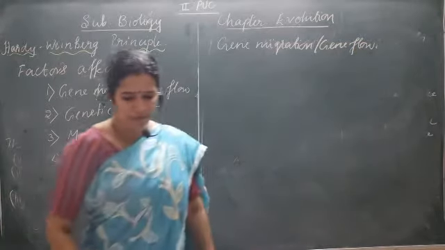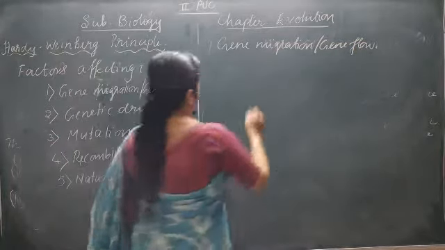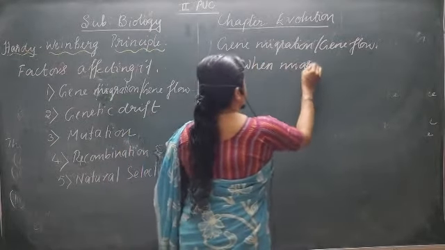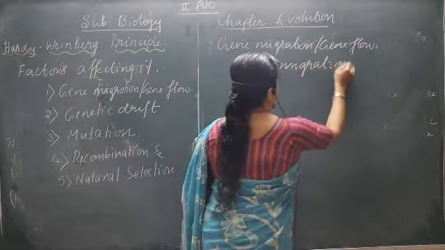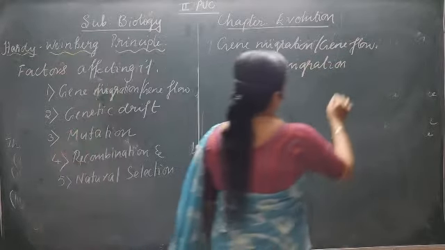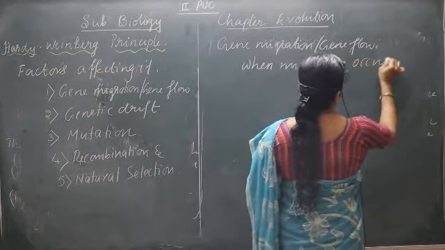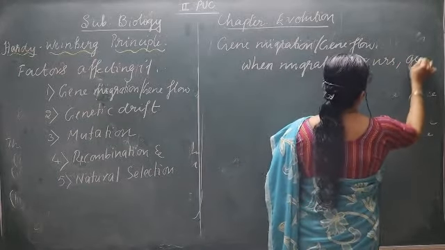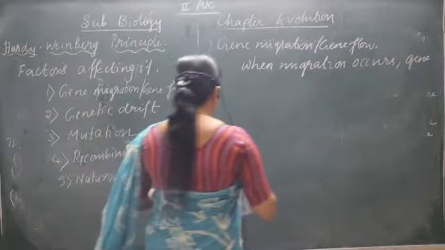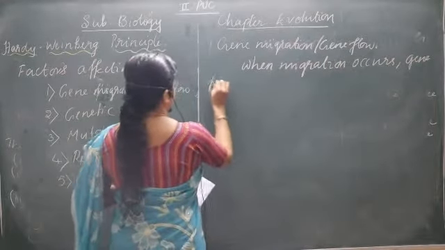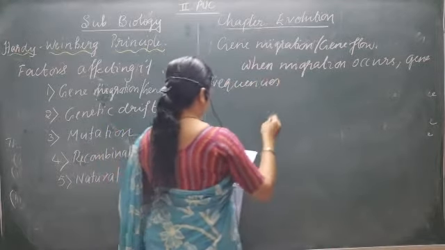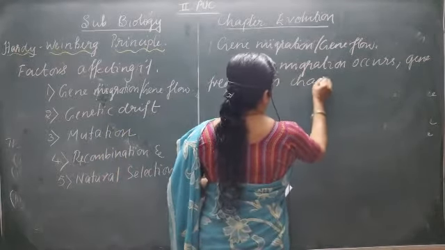So the definition is that when gene migration occurs, gene frequencies change. Where will it change?